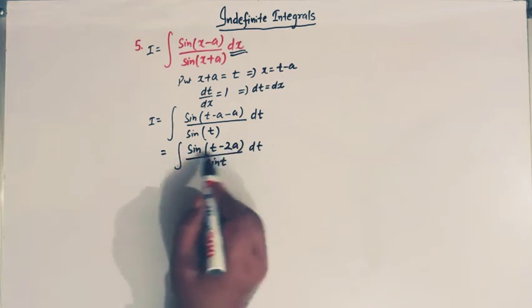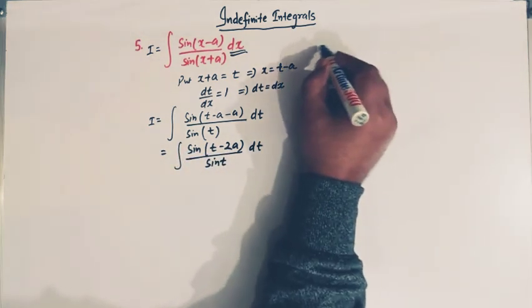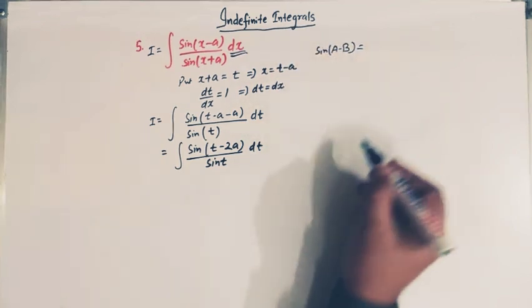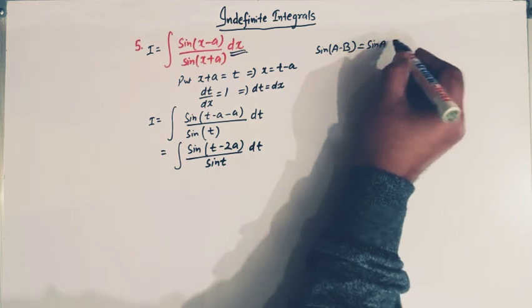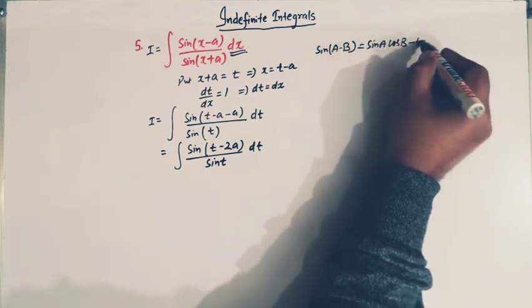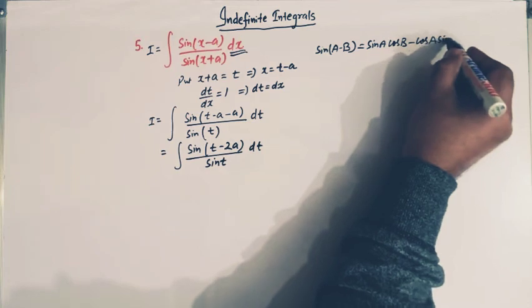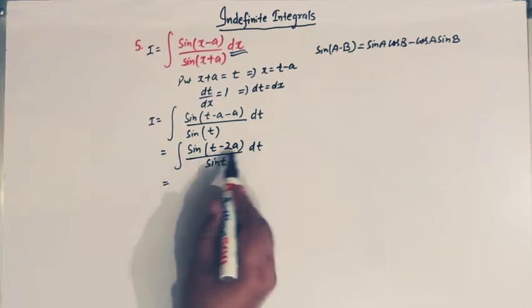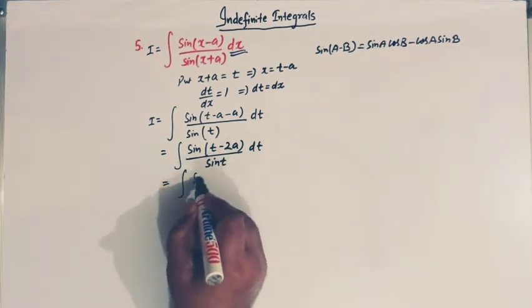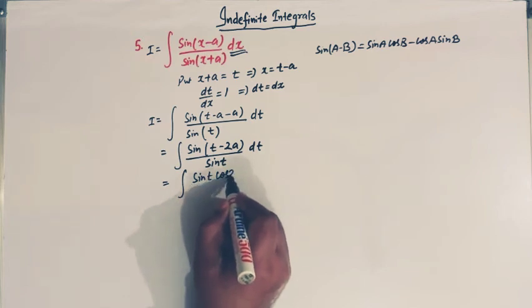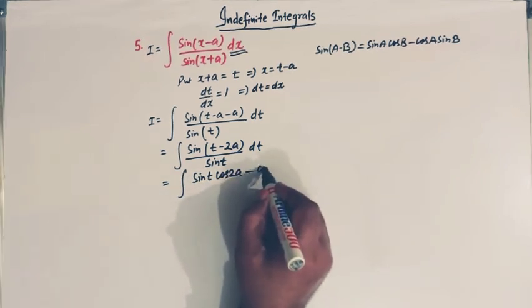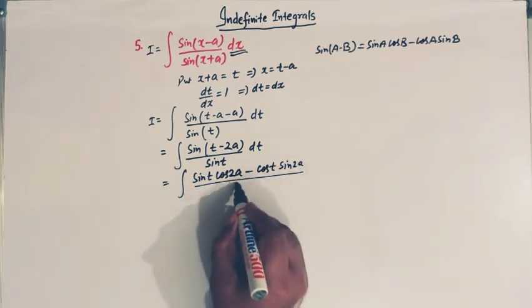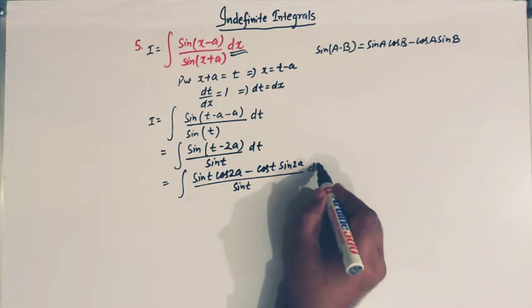Now here we'll apply the famous formula, that is sine of a minus b is equal to sine a cos b minus cos a sine b. So if we apply this rule to sine of t minus 2a, we get sine t cos 2a minus cos t sine 2a, divided by sine t, and here we have dt.